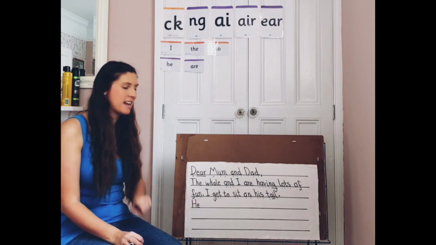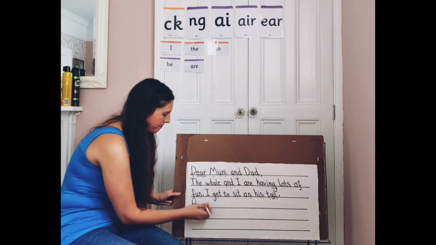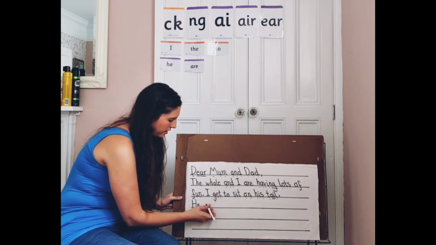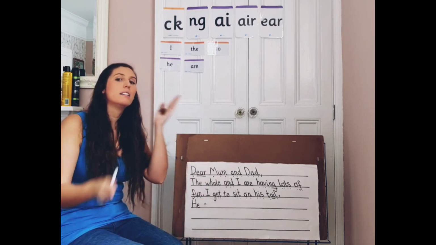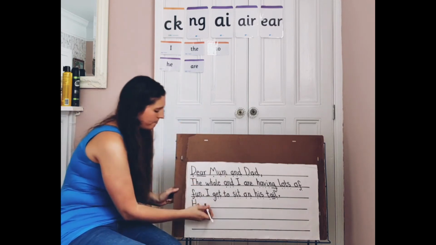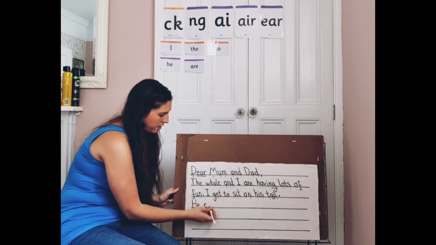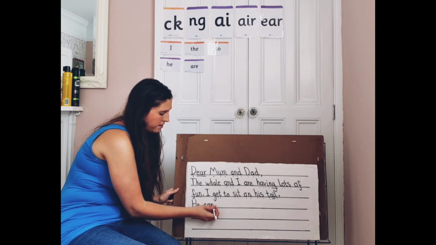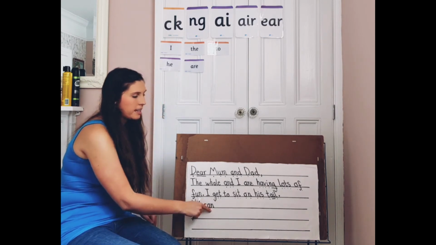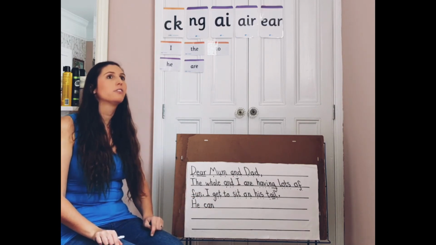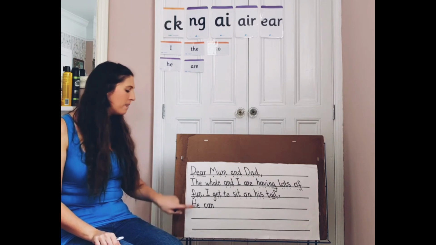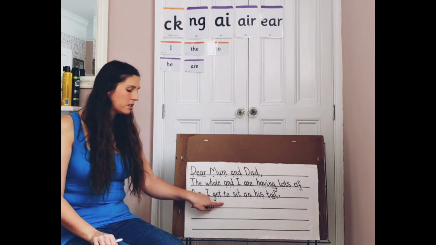He can swim fast and flip in the air. He can. So the next word is can. So finger space. So let's sound out can. K, a, n, can. There we go. He can swim.